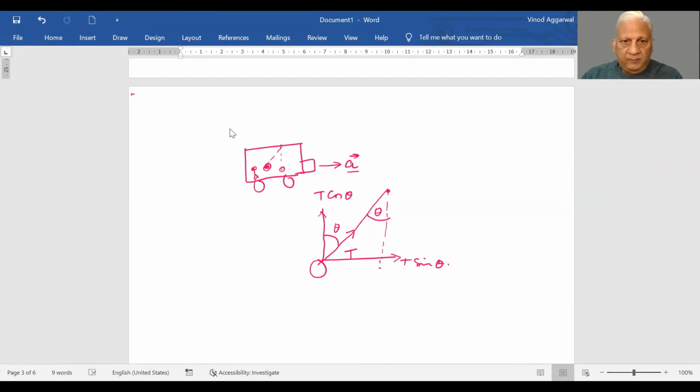And so what we see is, this component will make the bob swing at an angle theta, right? This is our mass mg.